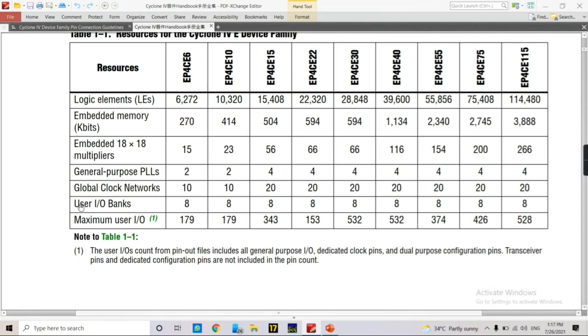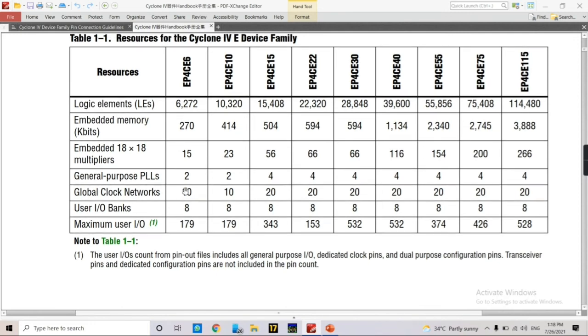So banks just manage these voltages and give every element the voltage it needs. It is 8, whatever the kind you use. Of course, we're talking about the Cyclone IV E, which we use in our course.